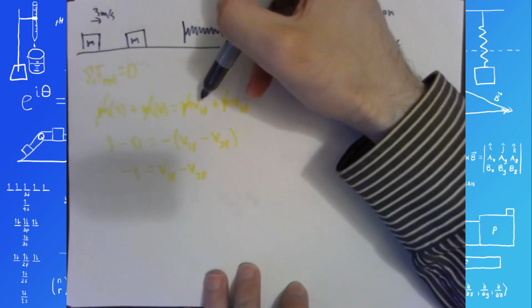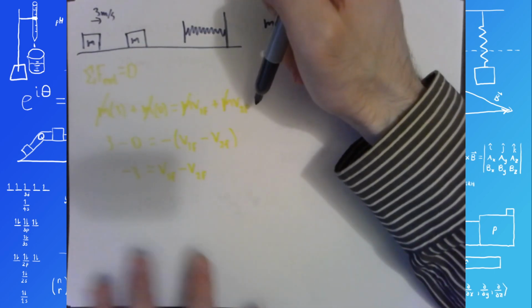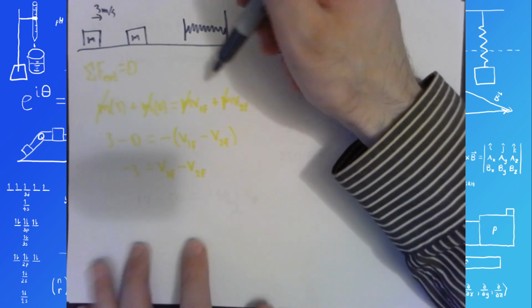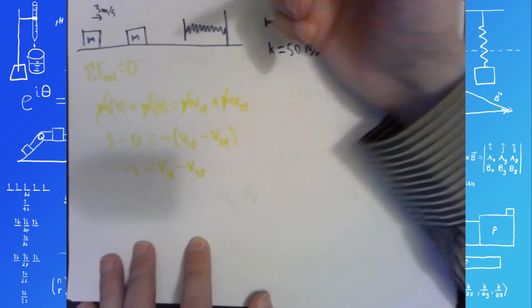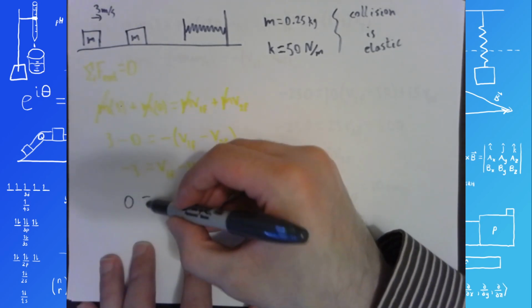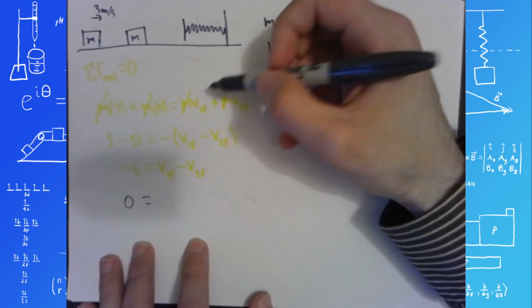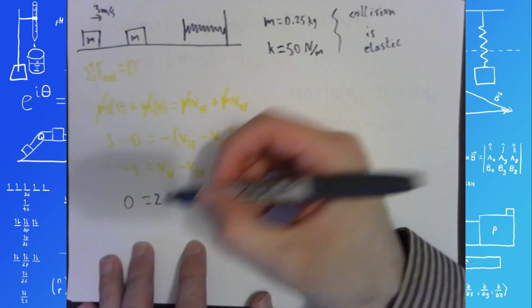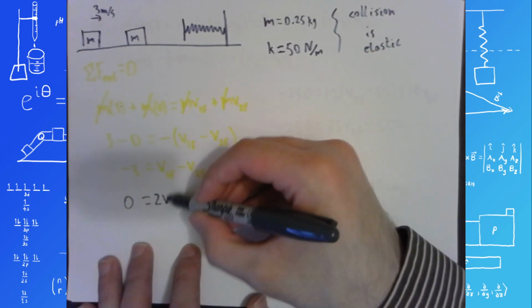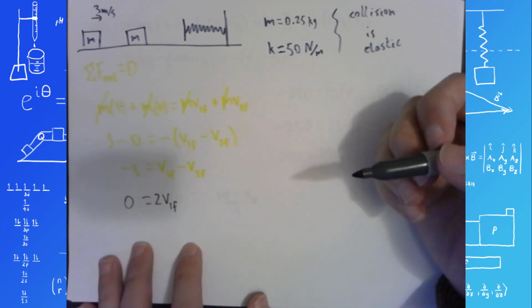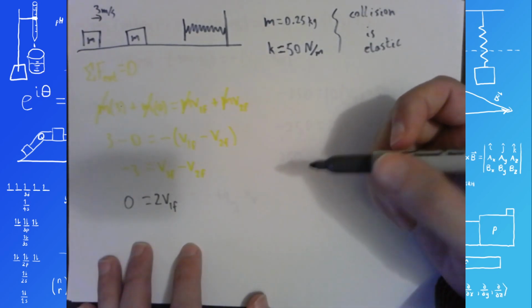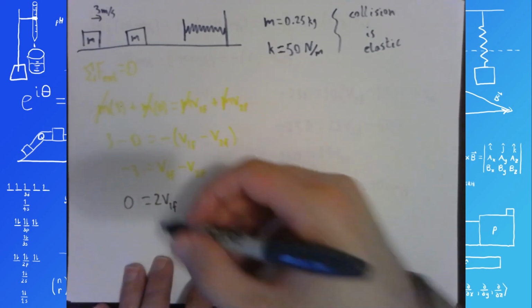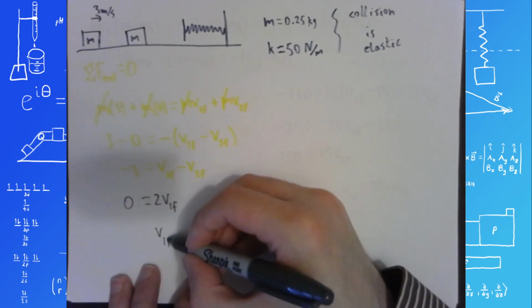If 3 equals V1 final plus V2 final, and I add that to negative 3 equals V1 final minus V2 final, 3 plus negative 3 is 0, equals V1 final plus V1 final is 2 V1 final, and V2 final minus V2 final is gone, so V1 final is equal to 0.